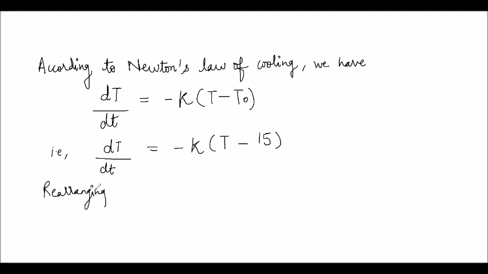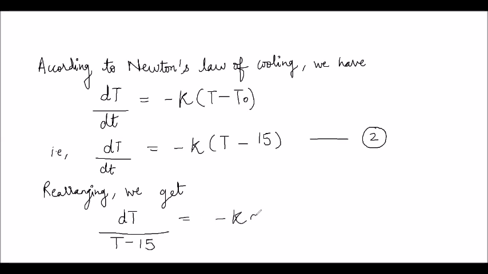Rearranging, let us name this as equation 2. We get this: we are bringing the terms containing capital T on the left hand side, and minus K dt on the right. Now we have separated the variables.